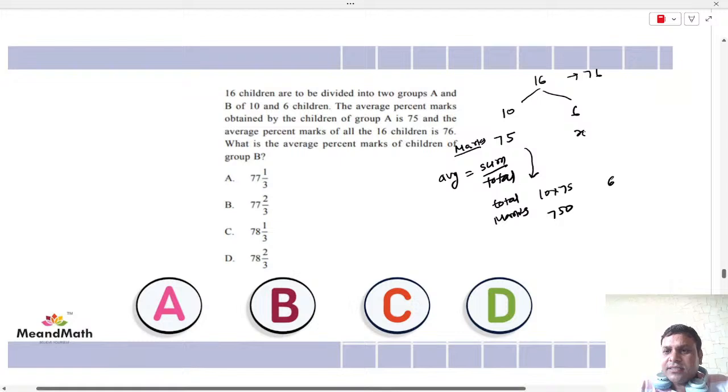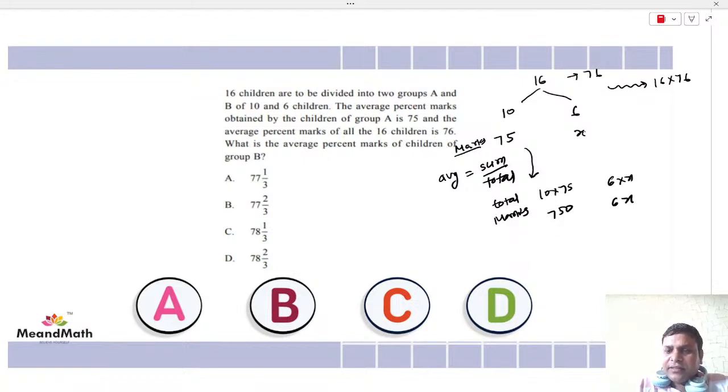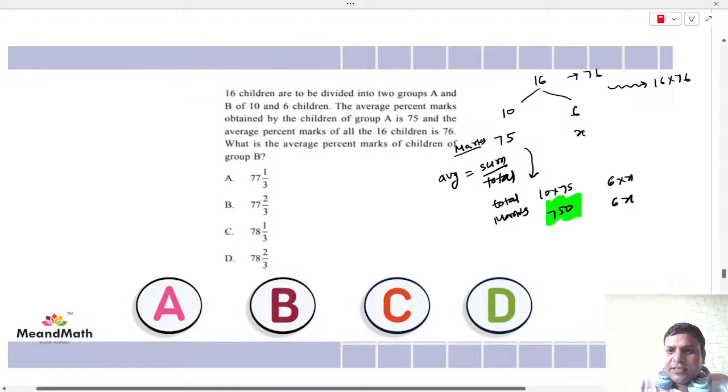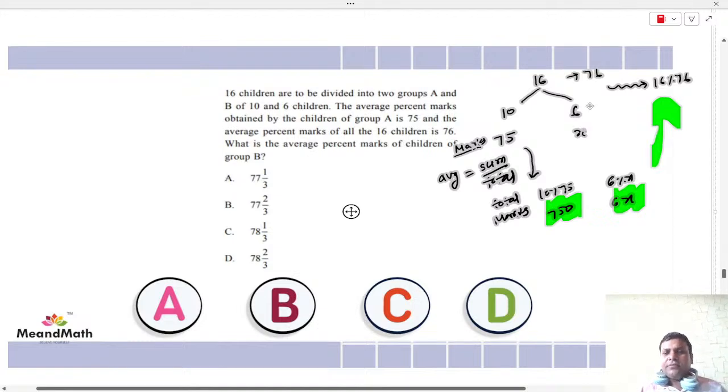Group B is 6 into x, 6x, and the total is 16 into 76. Now the sum of these is equal to this one, so I just have to use this equation.